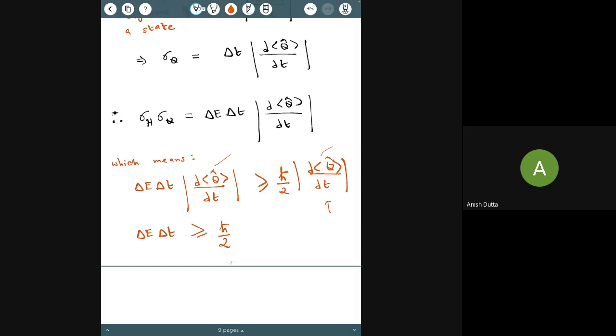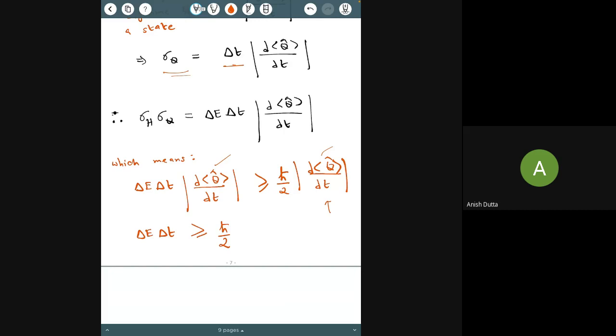The inequality is independent of which property you are measuring. If you actually want to talk about the error in Q related to the error in time, like this relation, that sigma Q is equal to delta T into rate of change of Q, then yes, it matters which Q you are talking about.